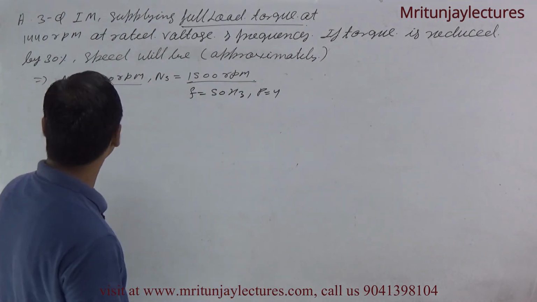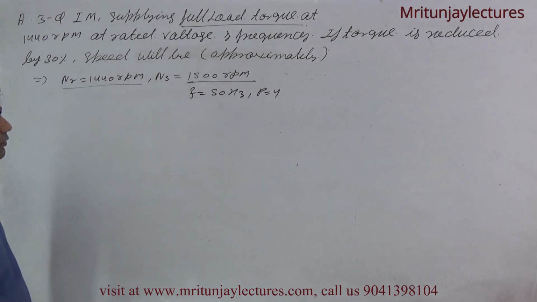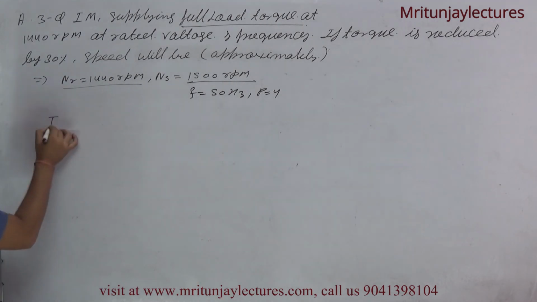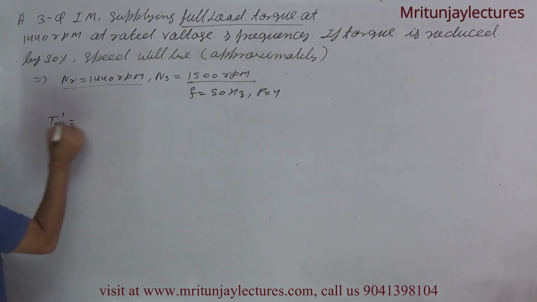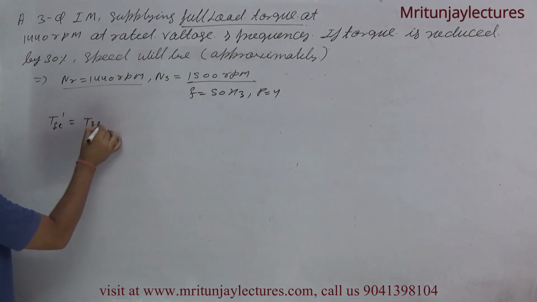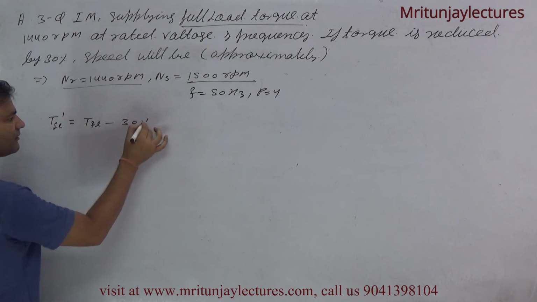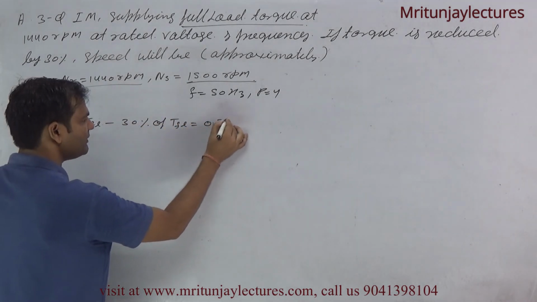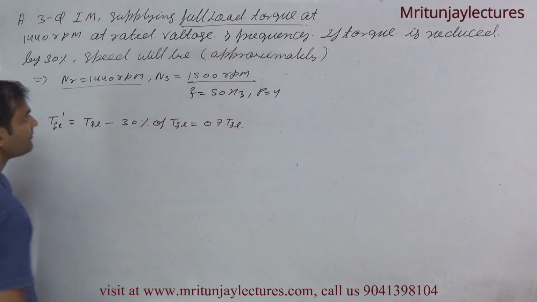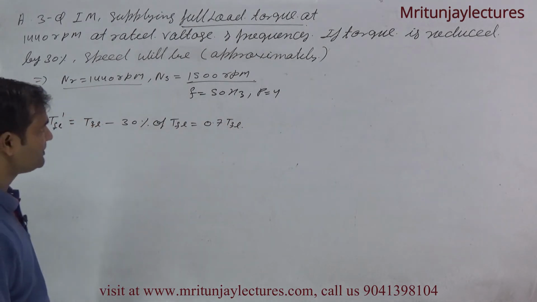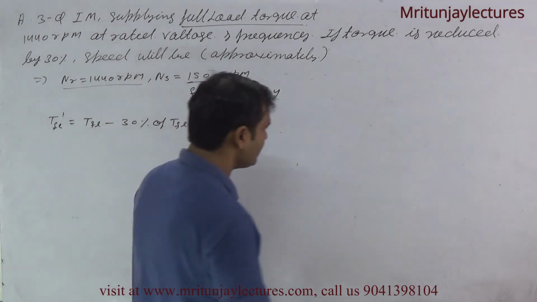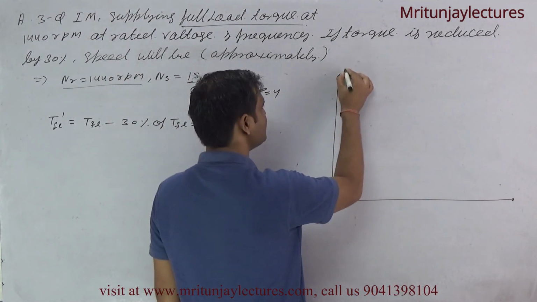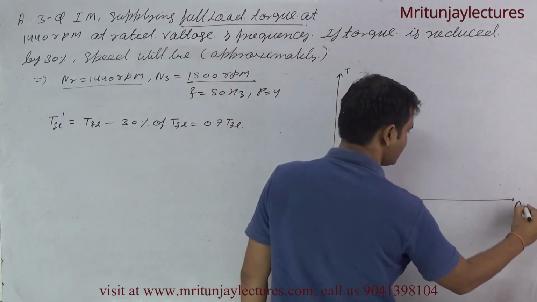Now if the torque is reduced by 30%, which torque is reduced? Full load torque. T full load dash is equal to T full load minus 30% of T full load, so that is 0.7 T full load. Okay, then what about speed? First of all, make the torque speed characteristic, torque versus rotor speed.